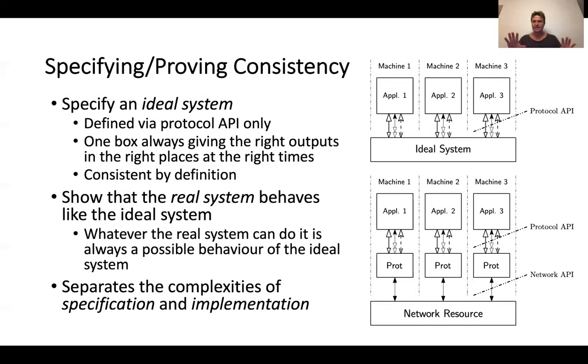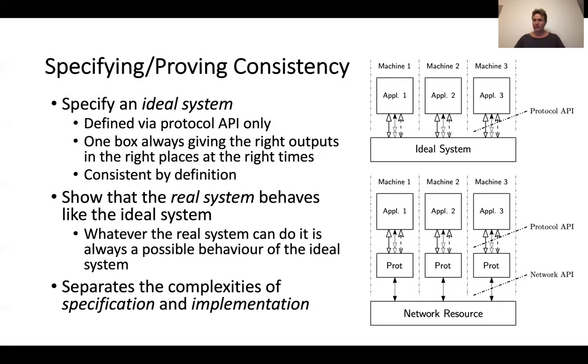Completely forgetting all the details about having to run on a network later. Just specify the ideal system. This system will be consistent and do the right thing by definition. Okay? So you will just write down how you would like it to behave. And that system that you write down, that is the specification now of the later real system.